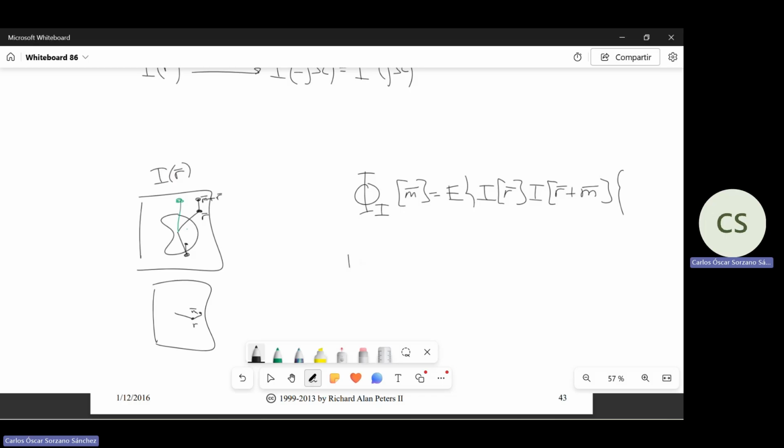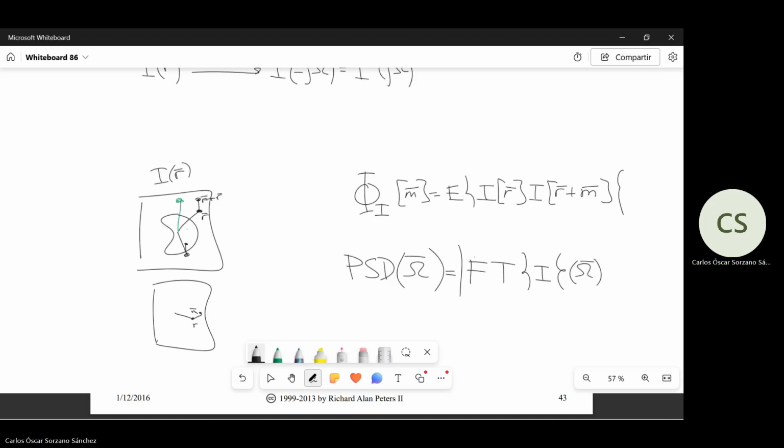So the power spectrum, I will drop the j. The power spectrum density at a given frequency is the Fourier transform of my image at that frequency.